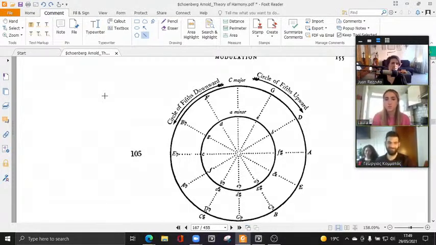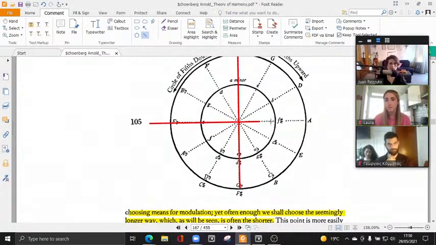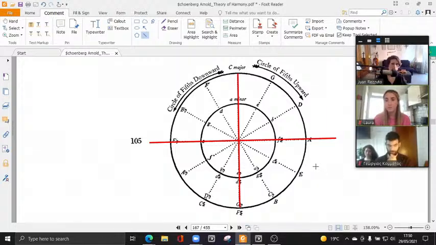A clock. Yes, very good. It's a clock. So that's why when we relate to the keys, we're going to first of all see that this is 12, this is 6, this is 9, this is 3.